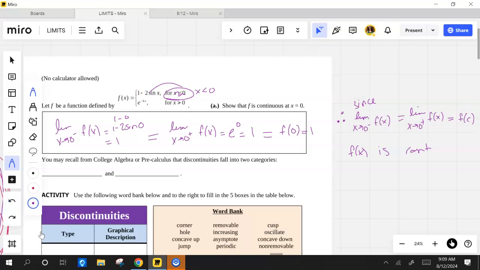There'd be a hole there. You would say, because the limit as x approaches 0 does not equal f of 0, the function's not continuous. There wouldn't be a lot to say, but you'd need that sentence justifying it.